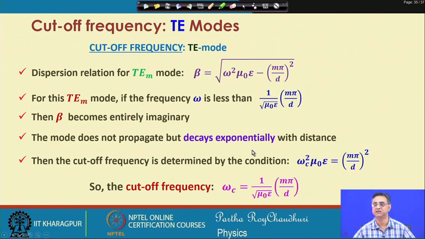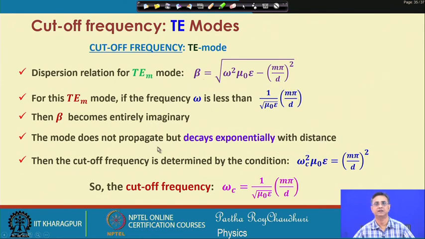We have seen in the evanescent field that if the exponent becomes negative, so that beta or k x becomes imaginary, then the overall field will decay exponentially with distance.